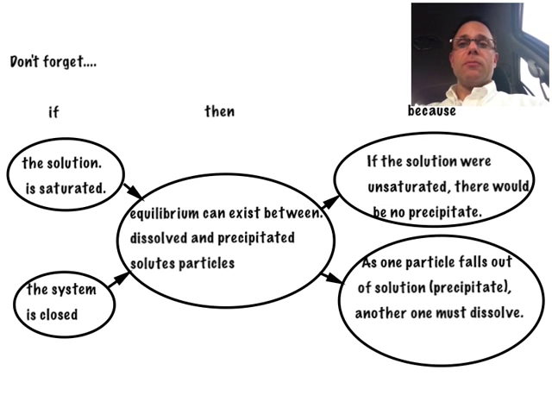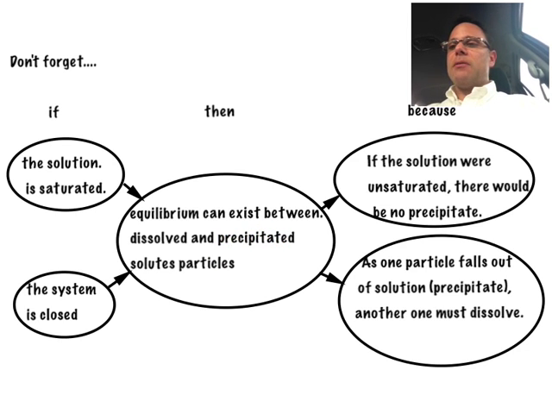Now this is a good time to review how equilibrium is reached between phases in a closed system. So let's look at this thinking map. The statement says, if the solution is saturated and the system is closed, then equilibrium can exist between dissolved and precipitated solute particles. The precipitated solute particles are the crystals on the bottom.